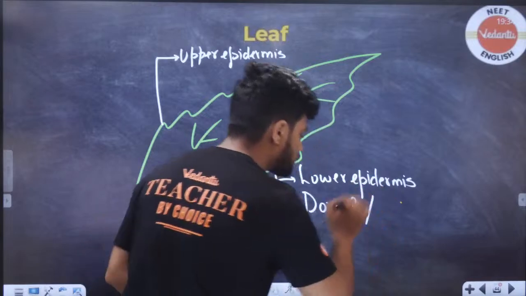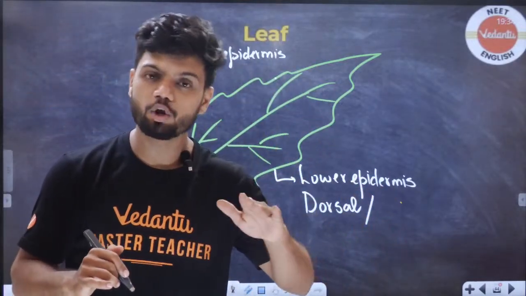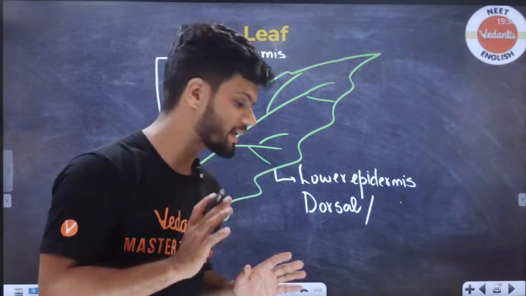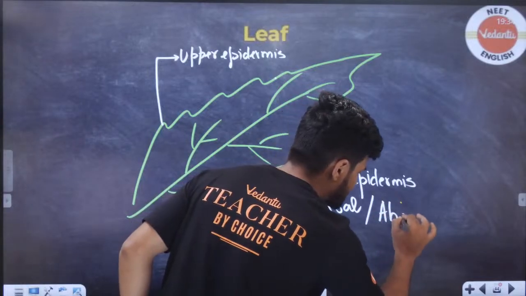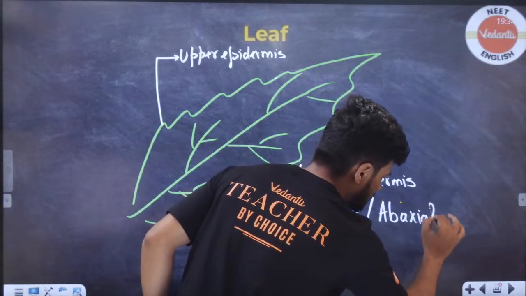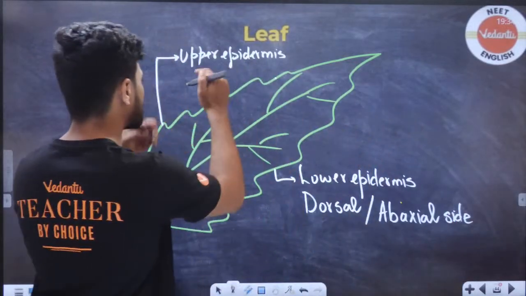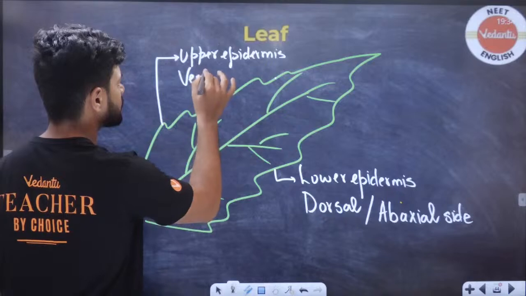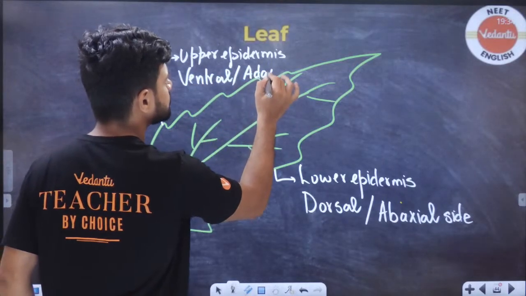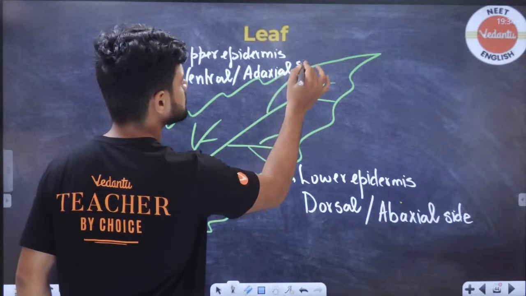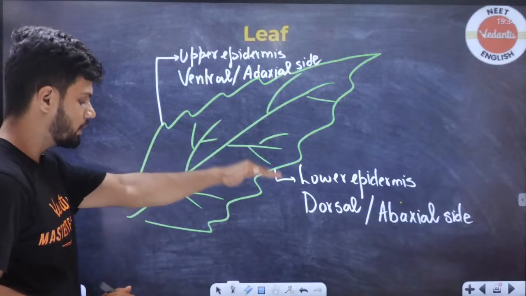Lower is always referred to as the back side, so it's also called your abaxial side. If this is dorsal, this is going to be the ventral side, also called the adaxial side. So lower, upper.